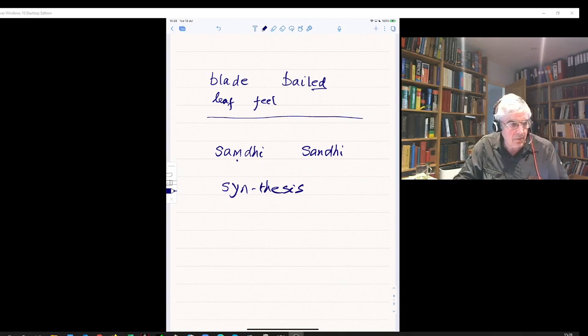I'll show in a moment that in order to simplify matters, a word will be written in its unchanged form. In other words, without applying the rules of sandhi to it, because the rules can be a little bit complex. So to make things easier for the student, you'll write the word in its raw, isolated form without applying the sandhi rules.